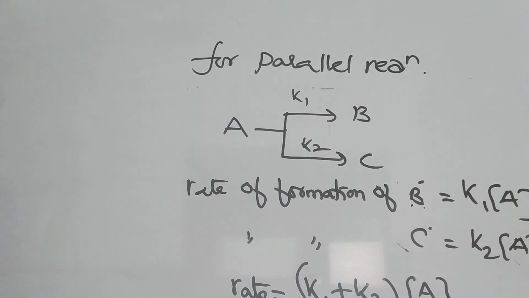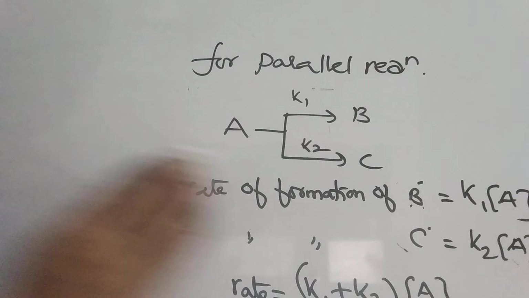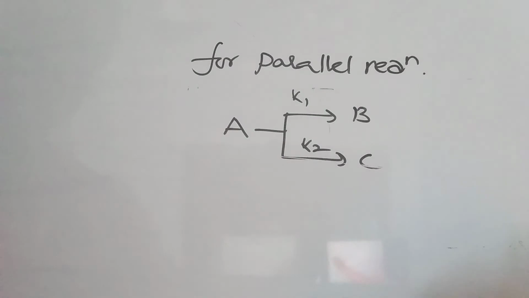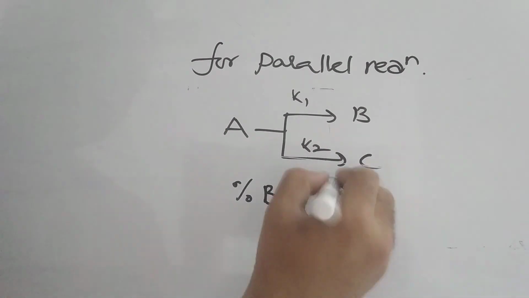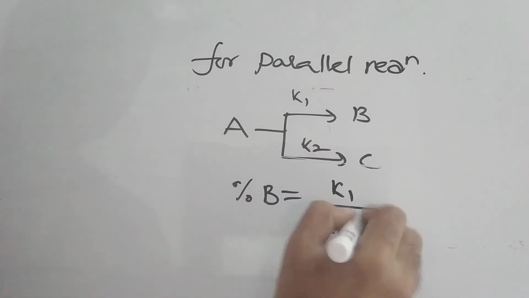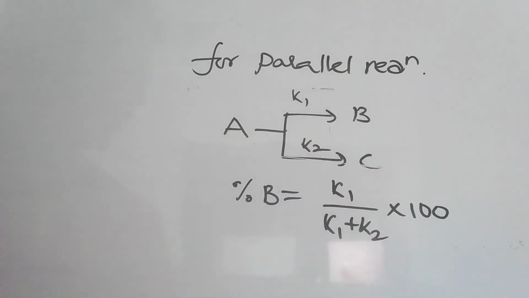For that you need to go like this. Percentage of B is equal to K1 by (K1 plus K2) into 100. Percentage of C product is equal to K2 by (K1 plus K2) into 100.